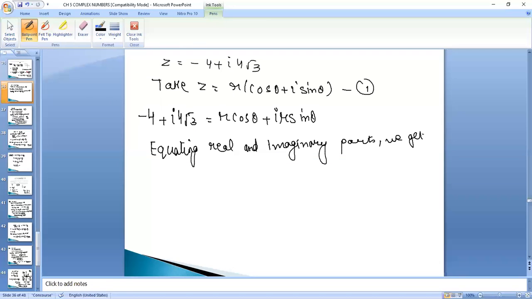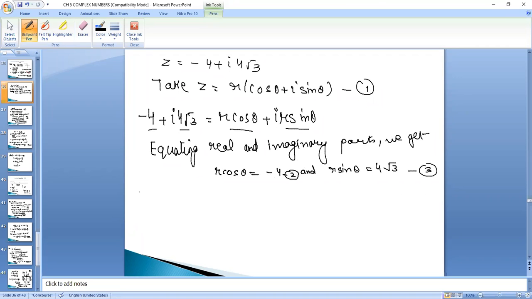So we get r cos theta is equals to minus 4, and r sin theta is equals to 4 root 3. Right? Real part is equals to real part and imaginary part is equals to imaginary part. So r cos theta is equals to minus 4 and r sin theta is equals to 4 root 3. Say this is number 2, this is number 3.